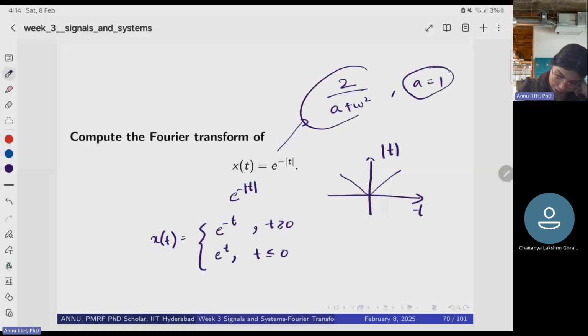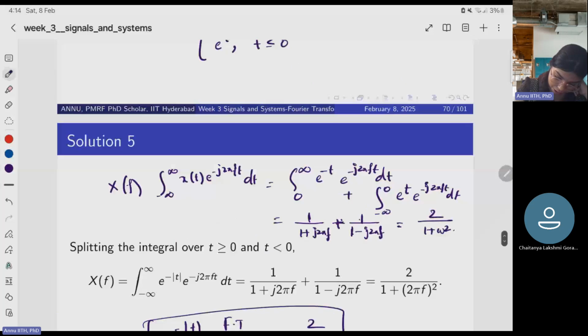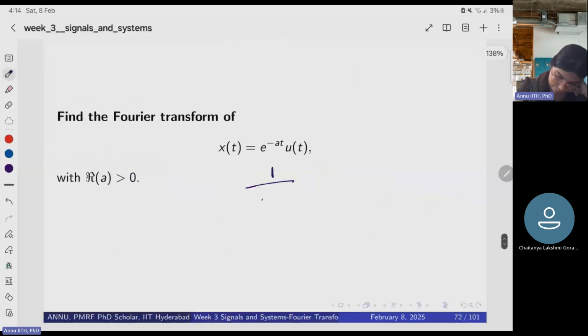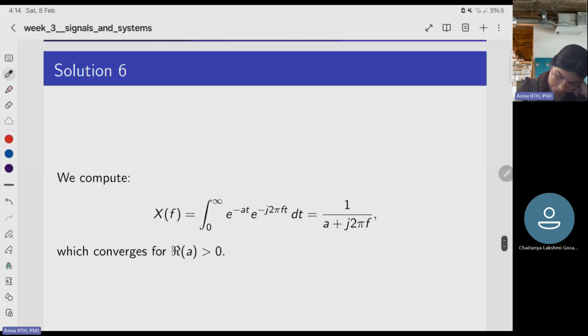But you remember this formula, 1 by a plus j omega, isn't it? 0 to infinity. So even if you do minus infinity to 0, it is going to come out the same. So this is e power minus a t u(t), so a plus j omega, that's why it's there.